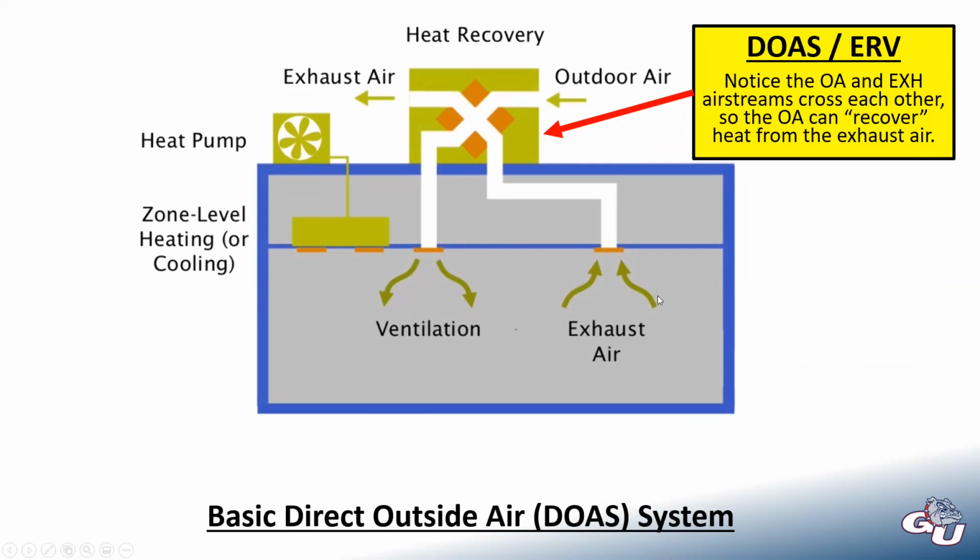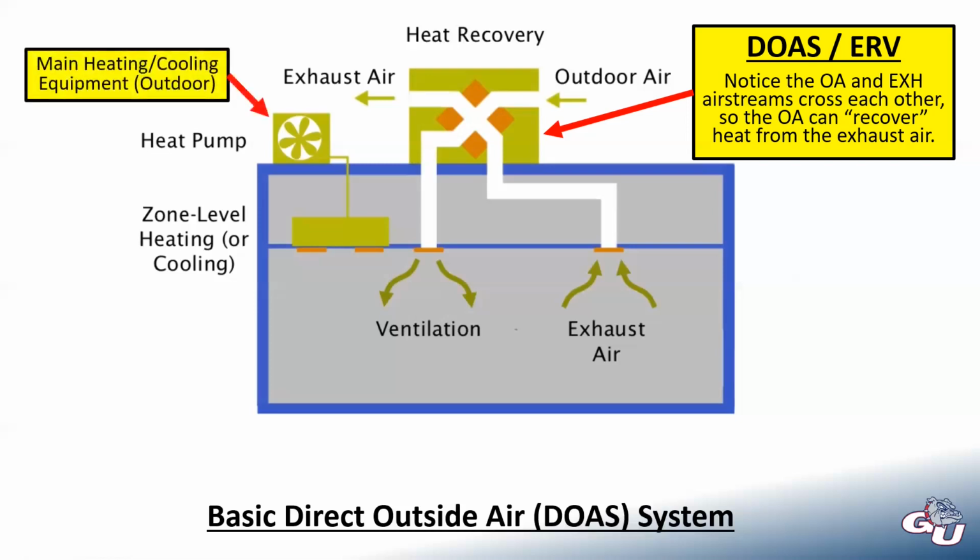And then this is also exhausting air from the space. And those air streams actually cross in this heat exchanger. And that means that the cold outside air coming in can actually steal some of that heat energy from the warm exhaust side of this. And now we don't have to dump 0-degree air into the space.